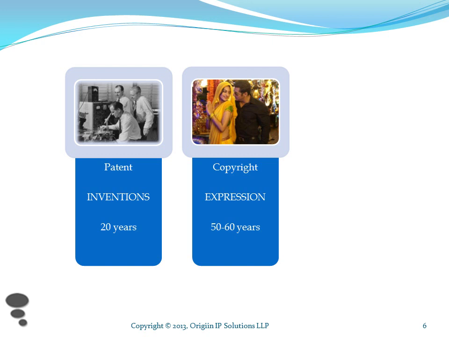For example, a software code, which is an expression of an idea, is protected as a literary work under copyright law, whereas the idea behind the software may be protected as a patent, provided it satisfies the criteria of patentability. The total term of protection for literary work is the author's life plus 60 years.